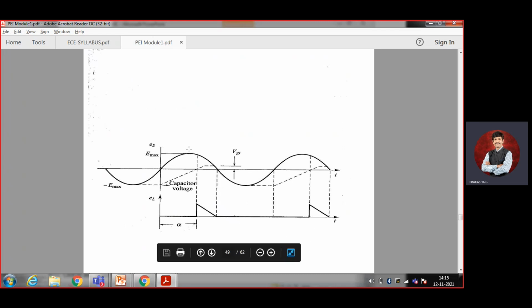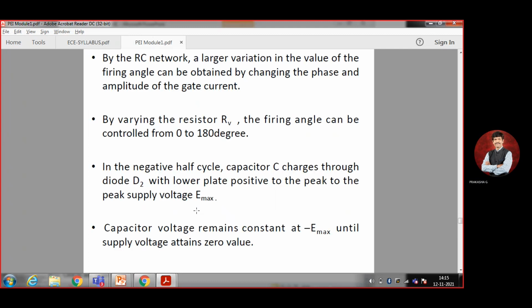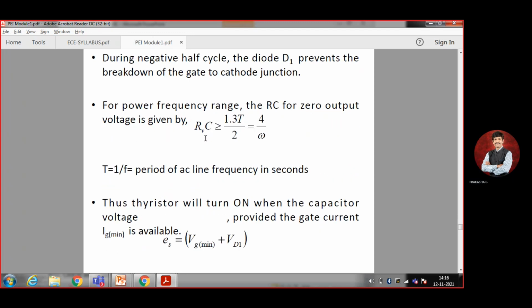Previously it was only up to 90 degrees; now it is beyond 90 degrees, 0 to 180 degrees. That is the difference. R triggering cannot go beyond 90 degrees, but RC triggering can go from 0 to 180 degrees. That is one of the advantages of RC triggering.